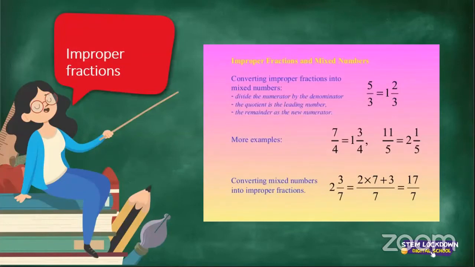You say 7 multiplied by 2 plus 3. So you have 14, and 14 plus 3 is equal to 17. You keep your denominator, which is 7. So your improper fraction will be 17 over 7.